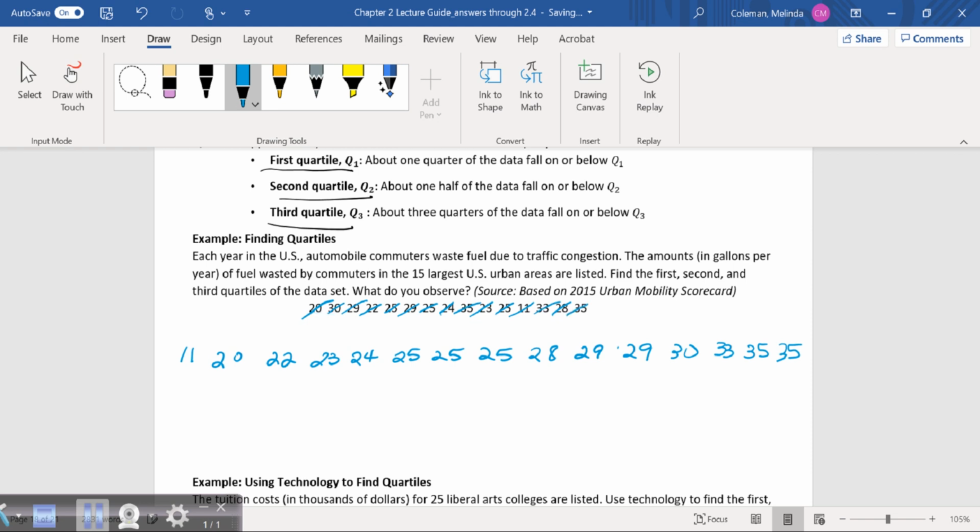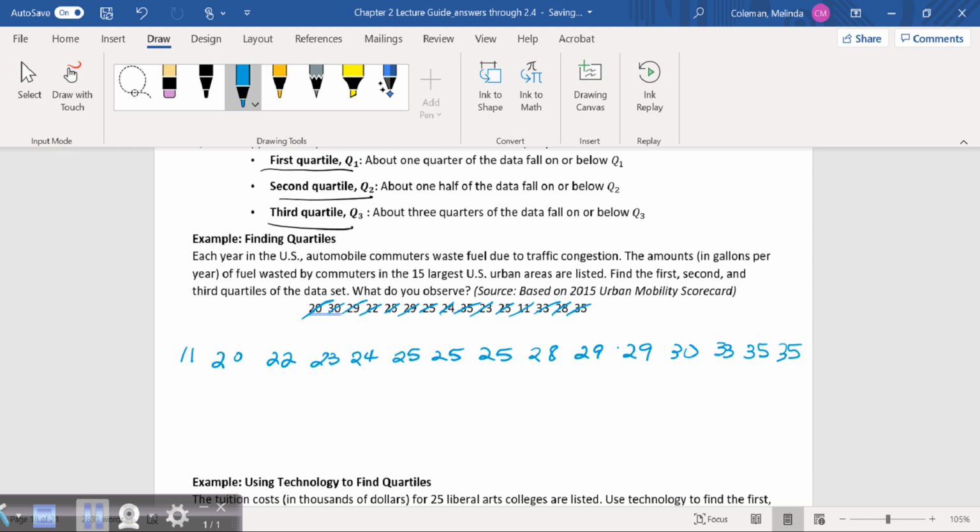So once our data is ordered, then just like we found the median, we're going to count and get to the middle of the data. So the middle of the data then, there's 15 pieces of data. So the 8th piece of data would be in the middle, 7 on each side.